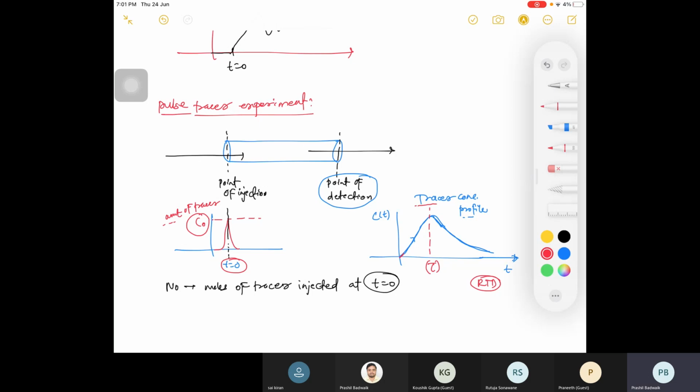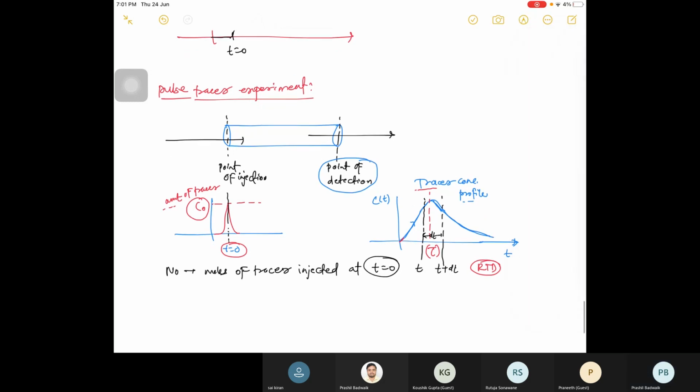Now I'm just considering a small section here. This is some random t, and this is t plus dt. So this is basically your dt.